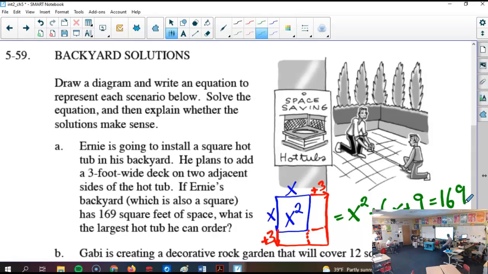How many? It's 13. Okay, the answer is 10, but how? The biggest hot tub you can work is 10 by 10.